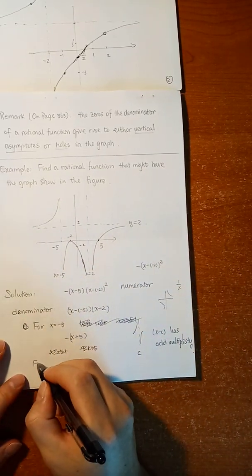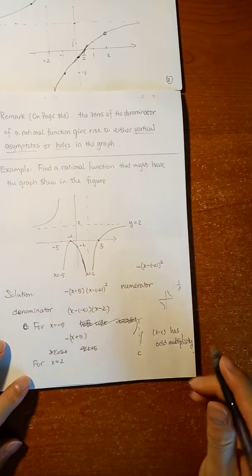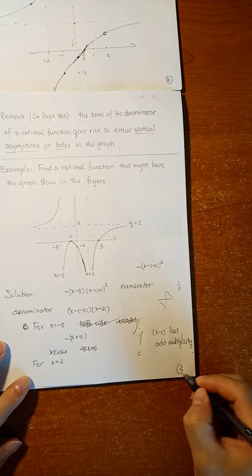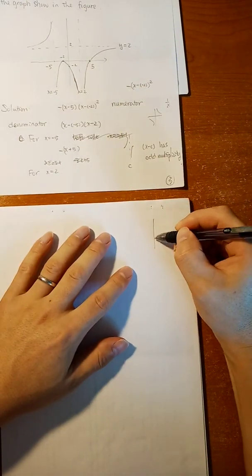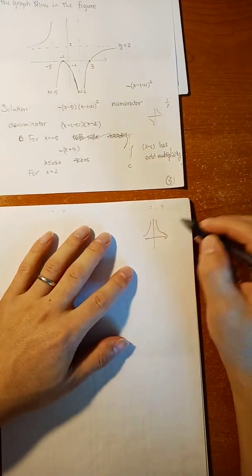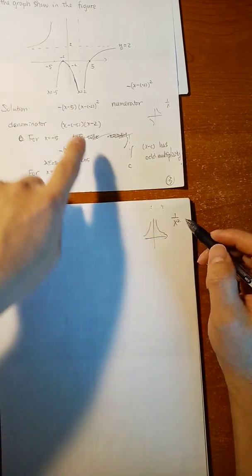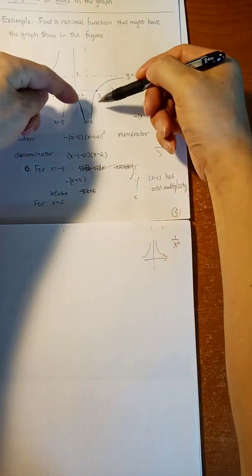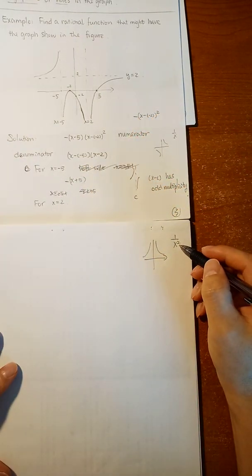And for x equal to 2, it approaches the same place. If you recall 1 over x squared, you will notice that when you have this vertical asymptote, they approach the same direction, then the multiplicity is even.